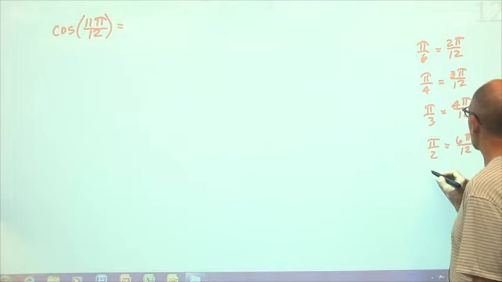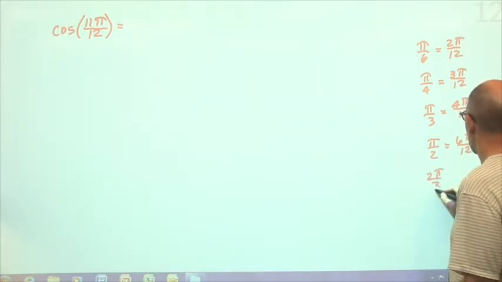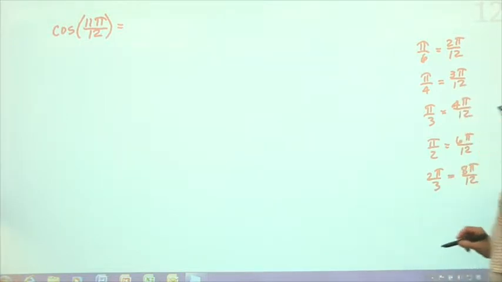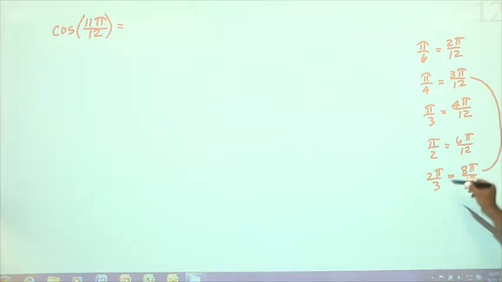So if we keep going around the unit circle, we have 2 pi over 3, which equals 8 pi over 12. Now, notice 8 plus 3 is 11. So that's what we needed. Now, if we keep going, we could find a difference that will come down to 11 pi over 12.